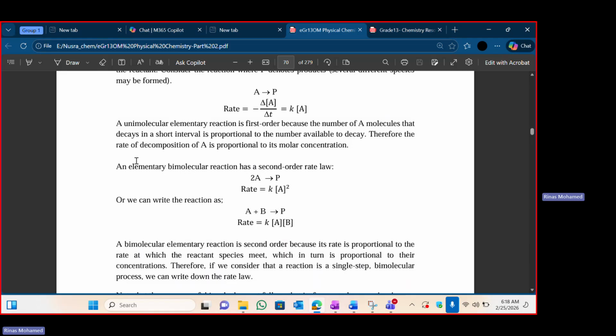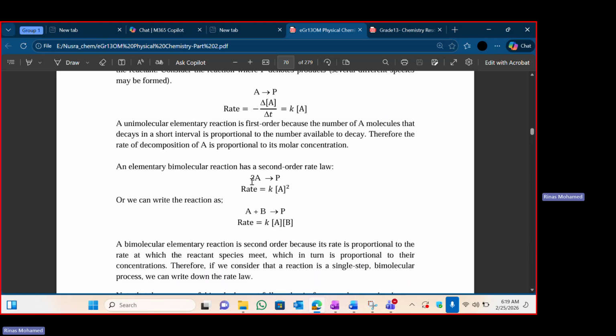If they tell you that an elementary bimolecular reaction is 2A converted into P, and this is an elementary reaction because they say so with practical evidence, then R equals K into the concentration of A second order, A to the power 2, because the stoichiometric number in this reaction is 2 and this is an elementary reaction, right?